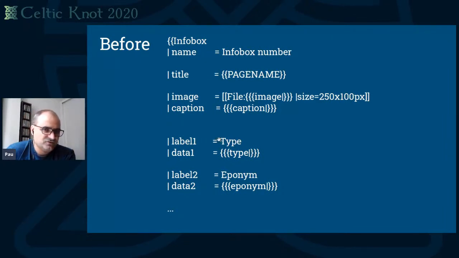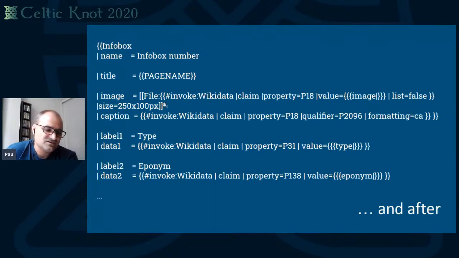Before it was this way, you put the label and then the data field, and after, the things are getting more complicated because you have to say where to get this kind of information. For example, the type of the number, you have to import it from the property P31, which in this case is instance of. But you also can put it in the oldest fashion. You can put it the old way. You can put type and put the other.